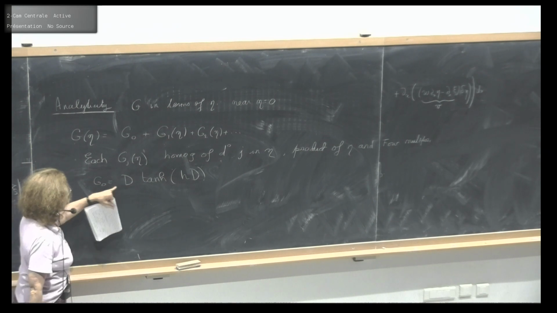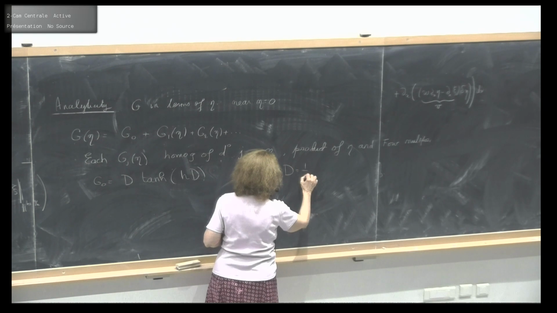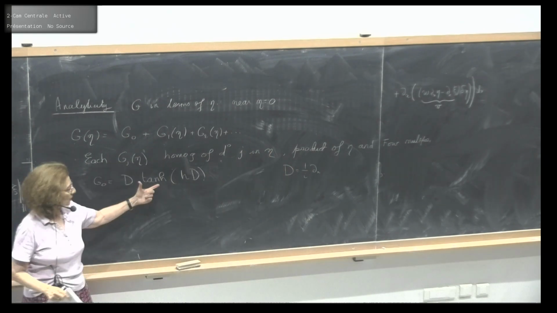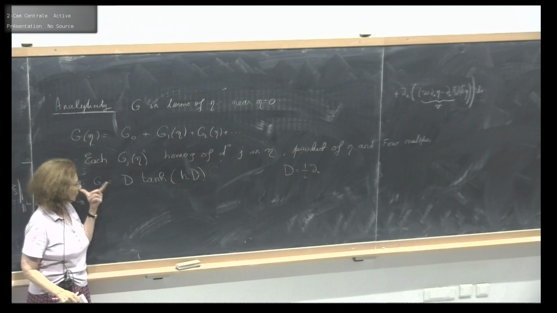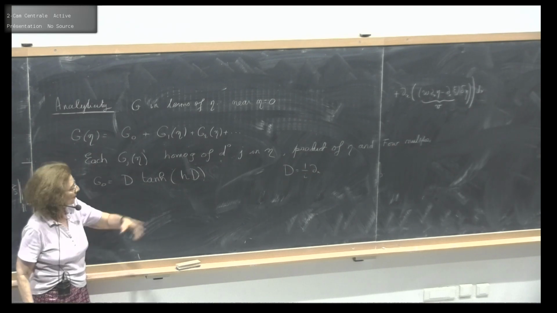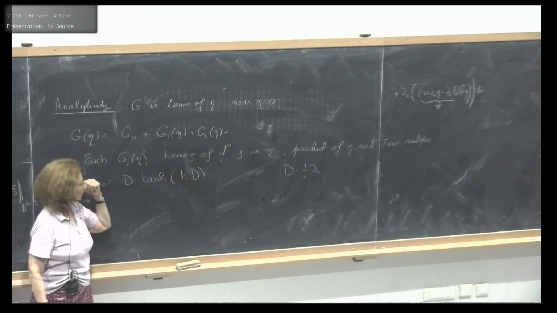So G0 is this Fourier multiplier, and I remind you that D is 1 over i d_x. We explained the other day that if you want to calculate G0 applied to a function, you have to go to the Fourier space, multiply by k tanh(hk), and return back.